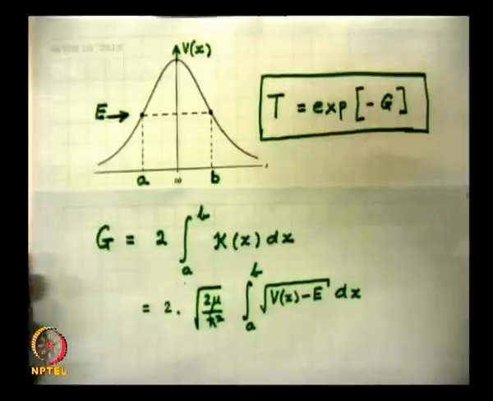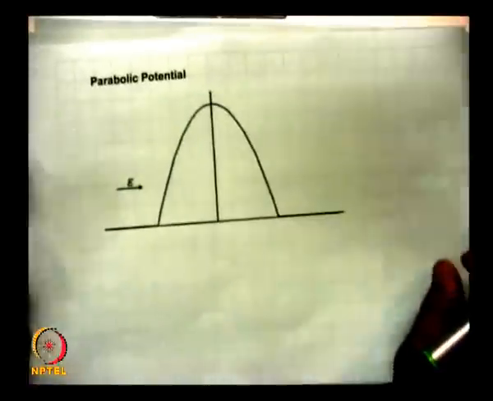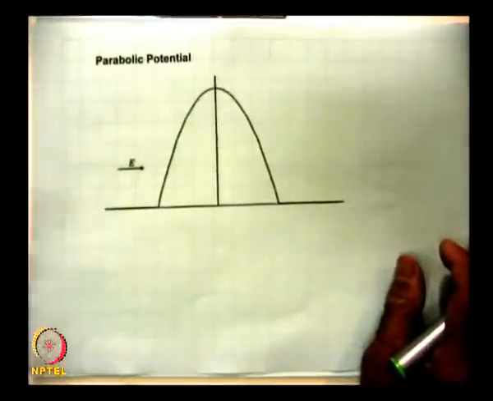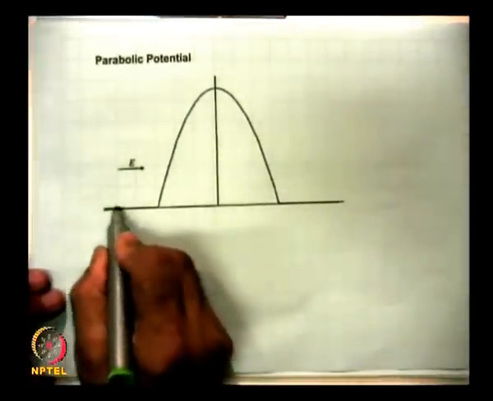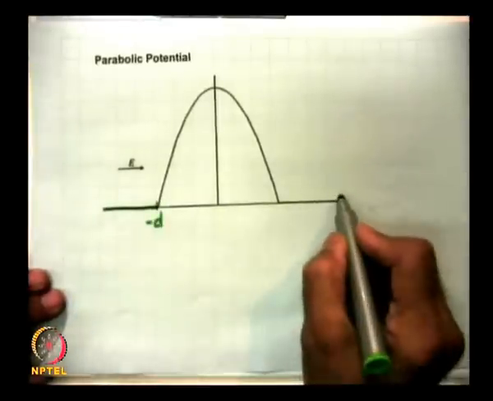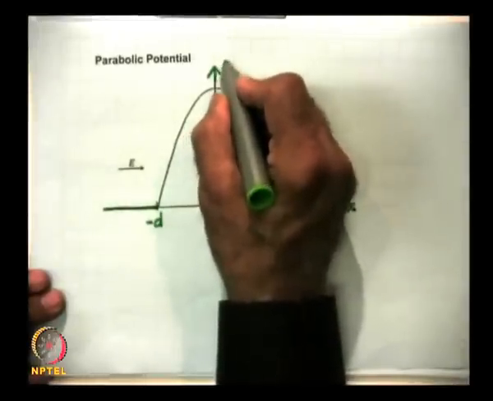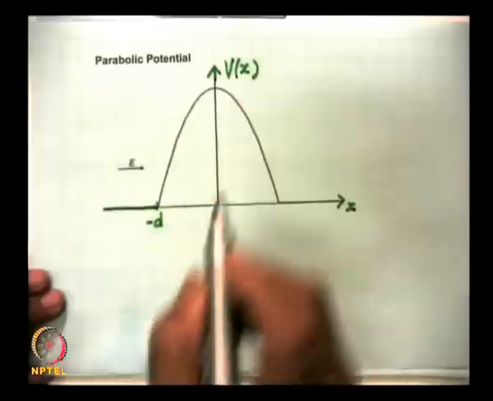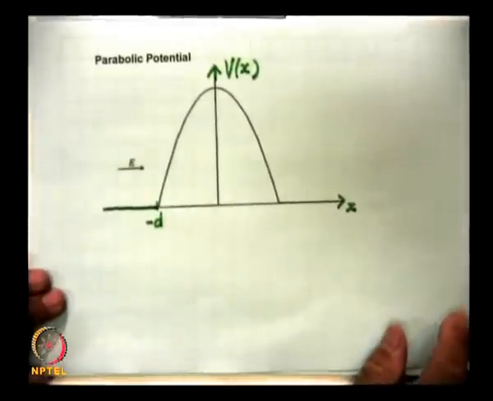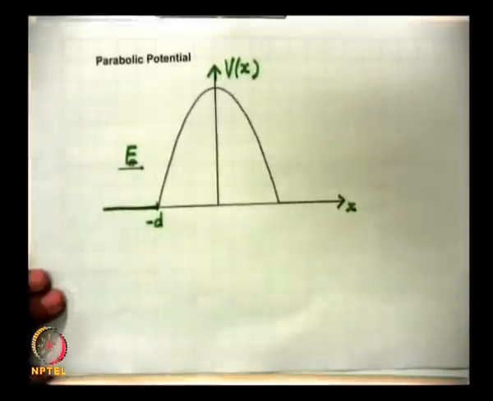So, let me consider first a parabolic potential. Now, in a parabolic potential, the potential energy variation is 0 in this region, and at x is equal to minus d, this is the x axis, and this is my V of x. So, this is a parabola, and the particle of incident energy E is incident from the left.